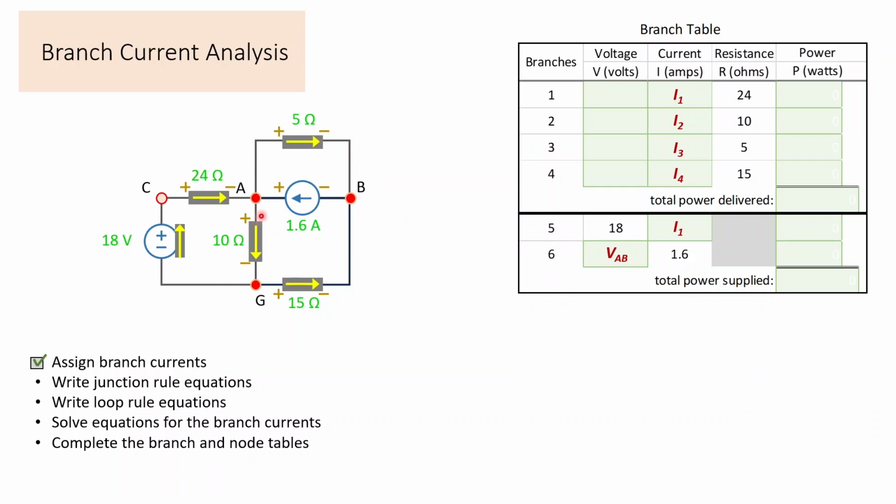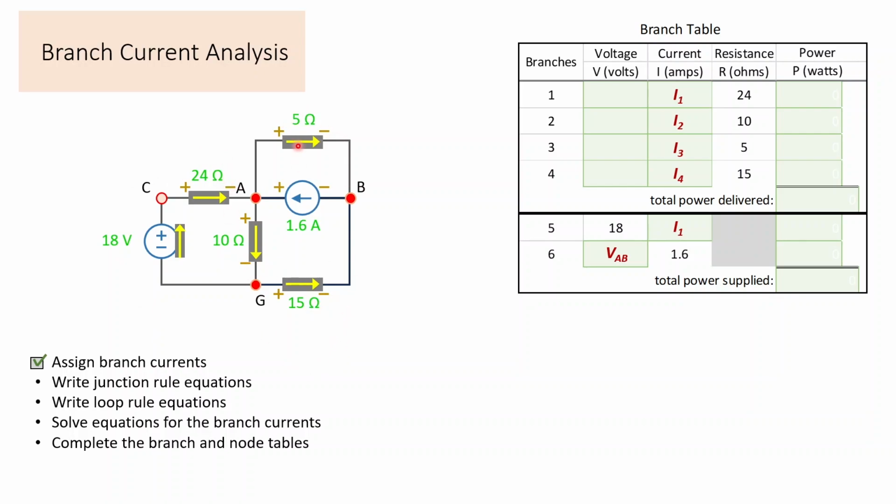Now, the shaded and unshaded nodes come in handy because the unshaded nodes show series connections. So my branch current variable I1, which is the current in the 24 ohms from left to right, must also be the current in the 18 volts coming up to go through the 24, right? Because current is the same in series.